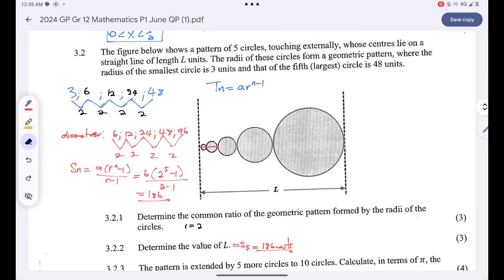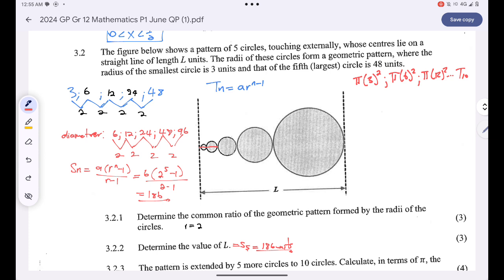So the area of my first circle will be pi r squared. The radius of the first circle is 3. The area of the second circle will be pi r squared as well. Third circle, pi r squared. It will go on until the 10th circle.